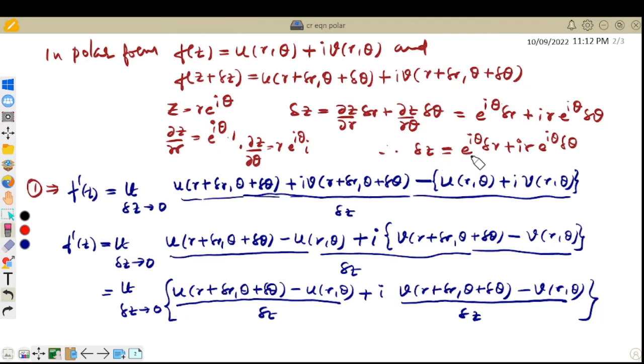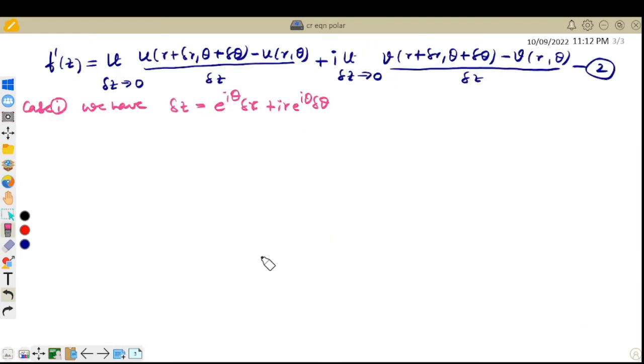Delta z is equal to e raised to i theta into delta r plus i r e raised to i theta into delta theta. Now here I am going to substitute delta theta equal to 0.